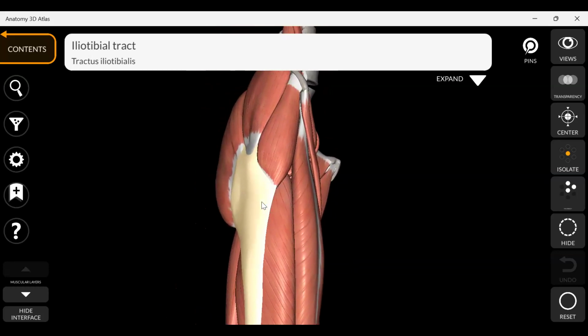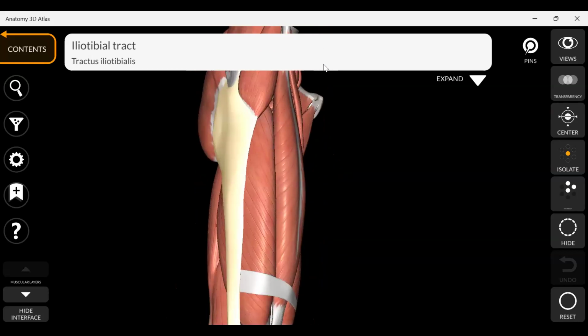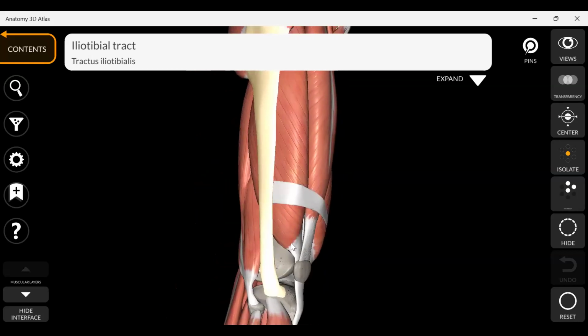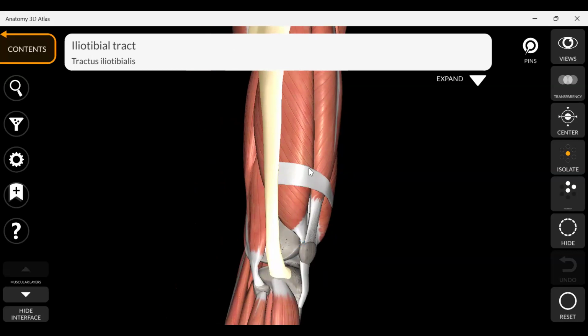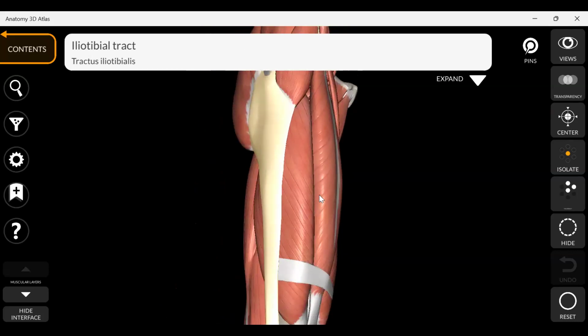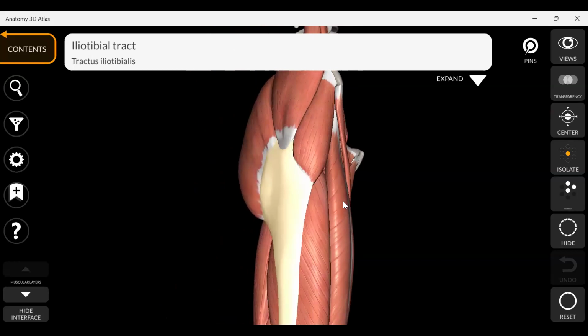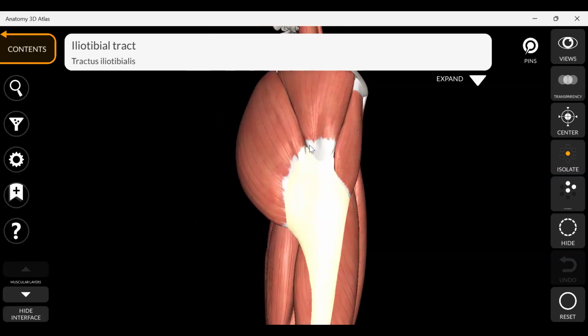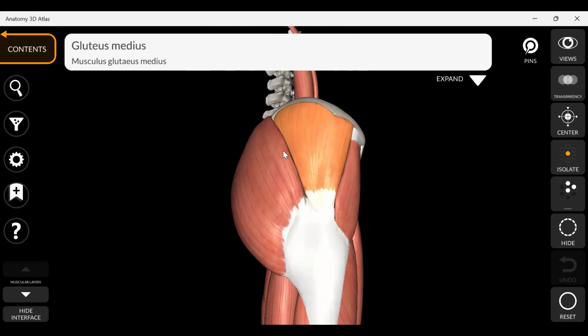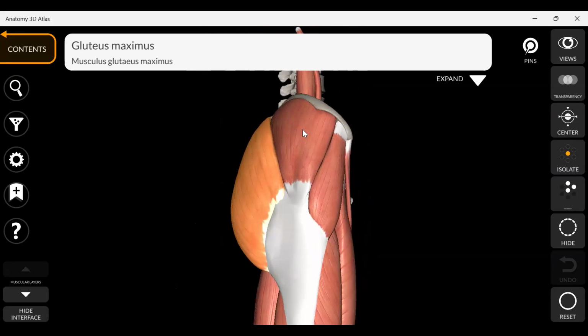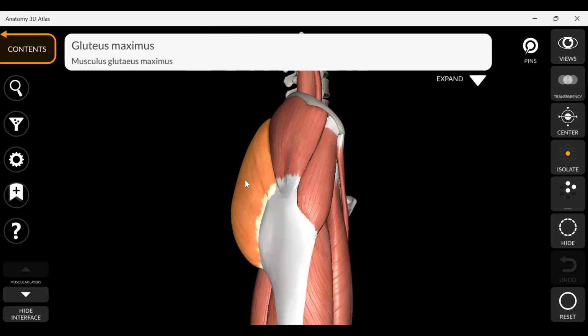You must have heard about the iliotibial band syndrome. There is a pain at the lower part of the iliotibial band when it is having friction with the lateral condyle of the femur. And if you go further posterior, we will have the gluteus medius and the gluteus maximus. Remember, gluteus medius is slightly deep and gluteus maximus is superficial.